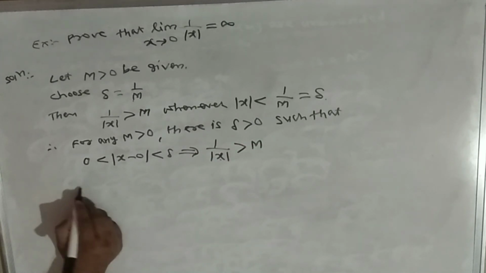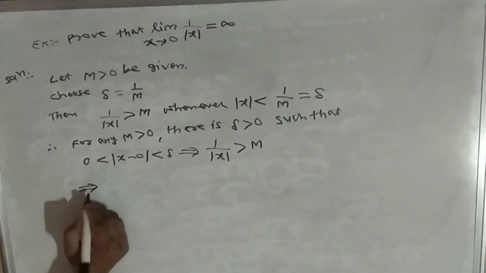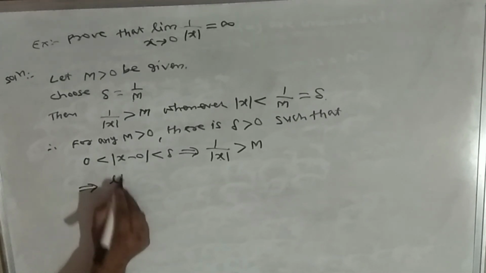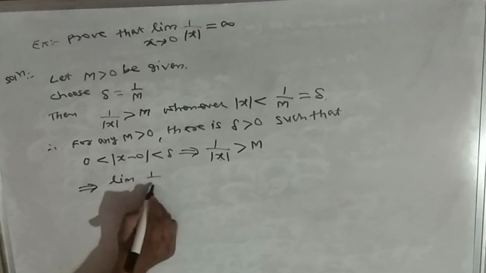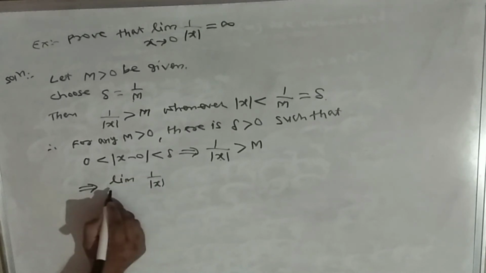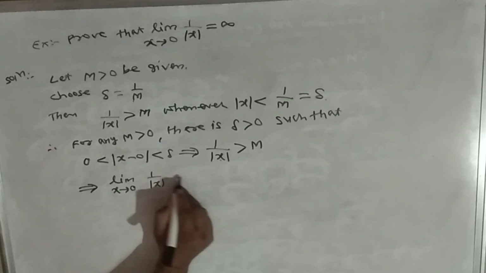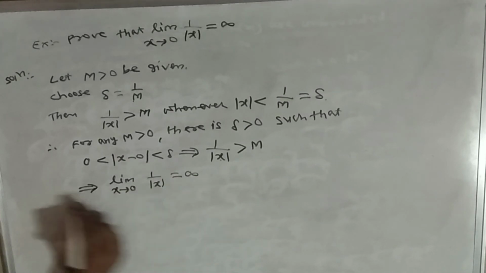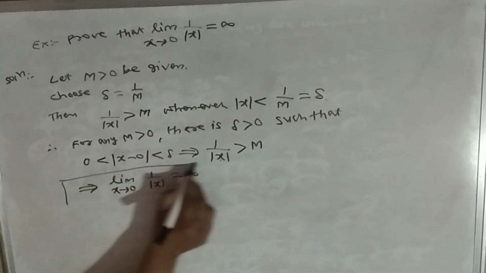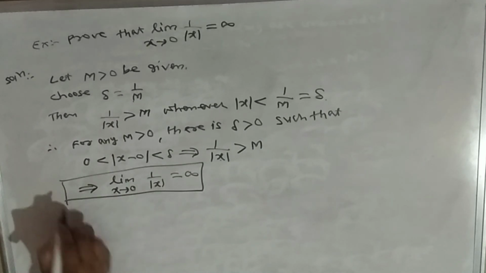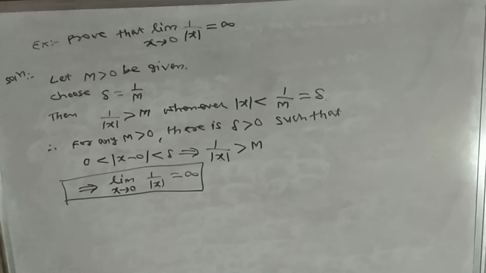Therefore the limit of the function 1 upon mod x as x tends to 0 is equal to infinity. We have proved this. These are very easy problems to solve.